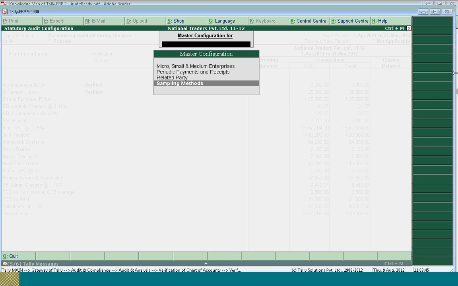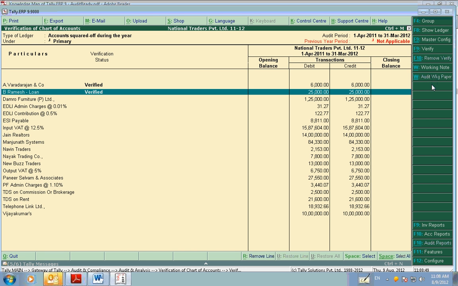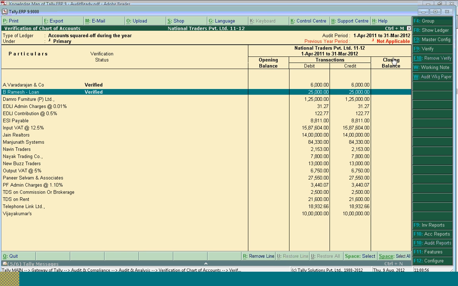So this is all about your account squared off during the year. Now, we have the other options here. If you check, there we have something called working note. If you just click on this, so audit working paper, how does this option come? I'll just press F11.